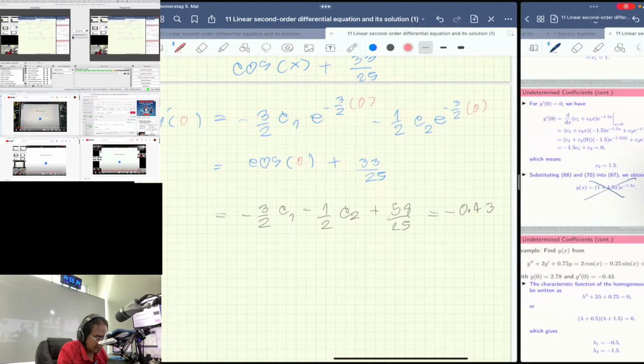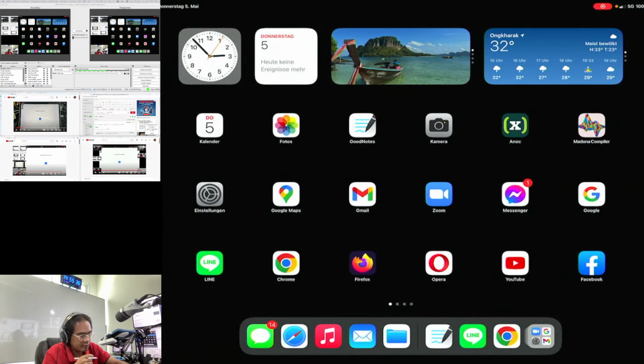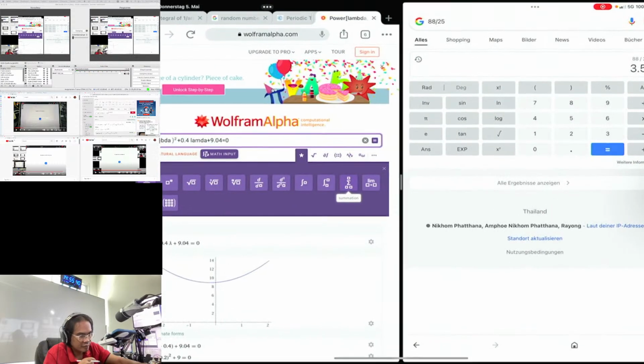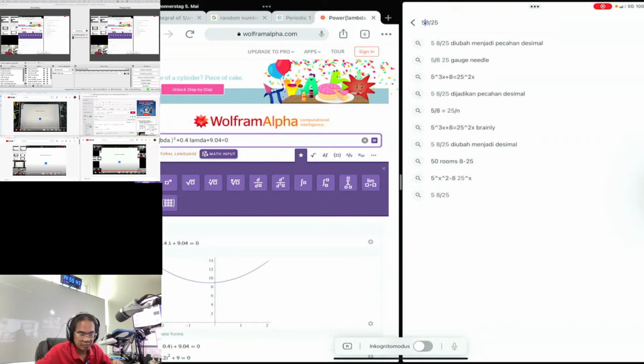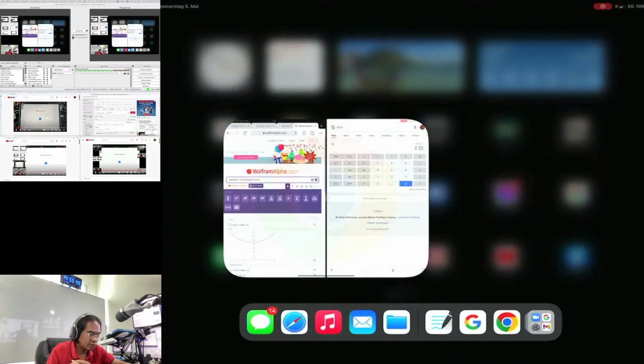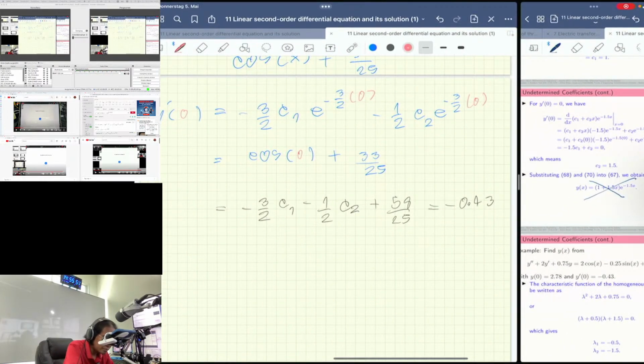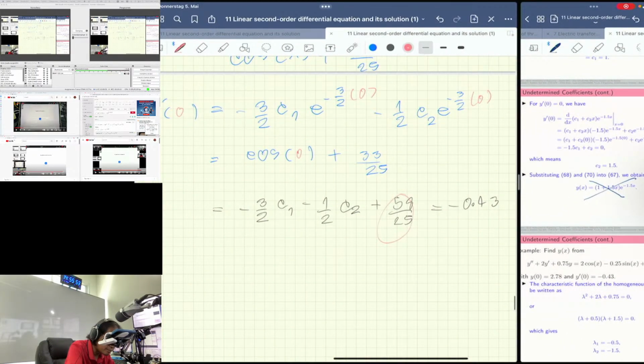If you multiply everything by 2, 58 and 25, 232. This one is 2.32, right?